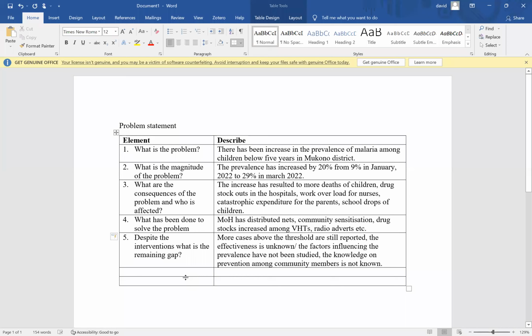So now, after identifying these gaps, there can be so many gaps from one problem, and we cannot study all these gaps.